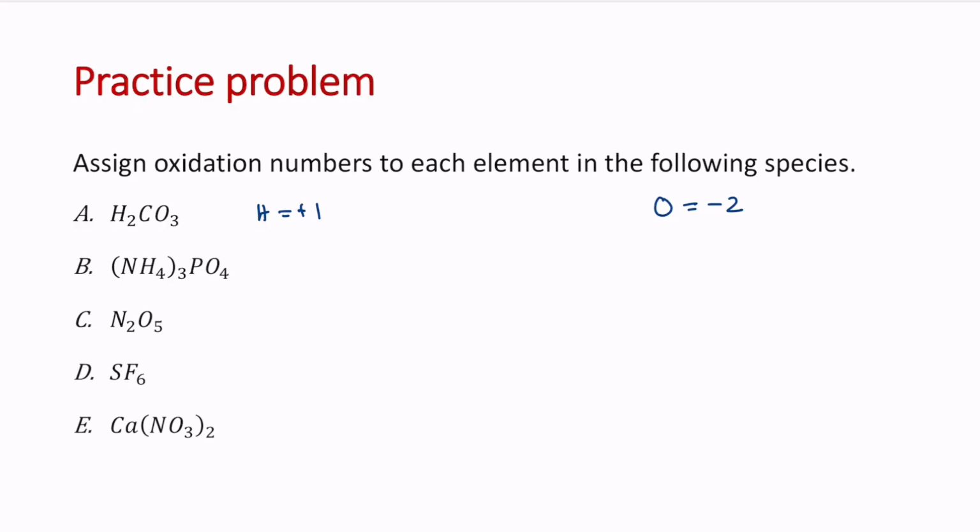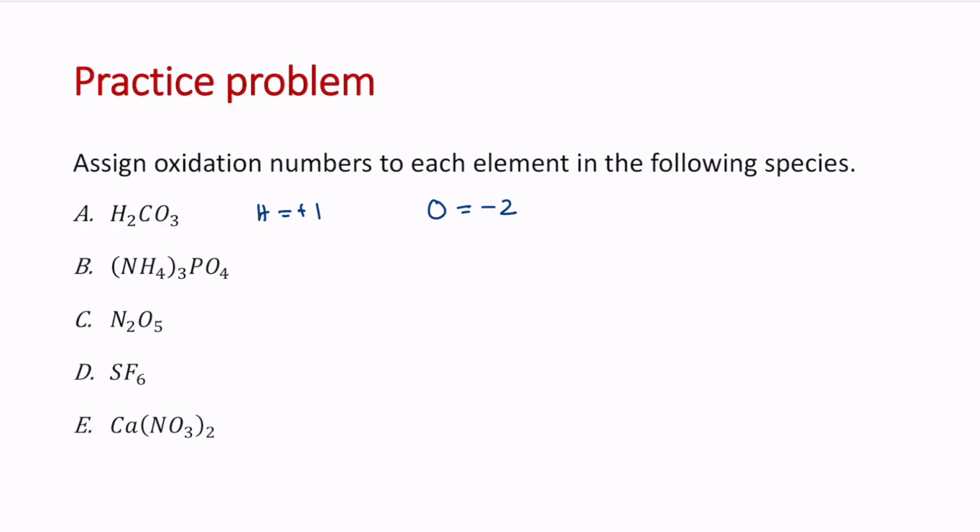Hydrogen is +1 because there's no lithium, and oxygen is -2 because we're not dealing with a peroxide. So if I have 3 oxygens and 2 hydrogens, I need to figure out the oxidation number of my carbon. So I can set that up.